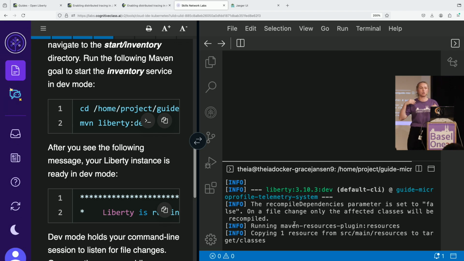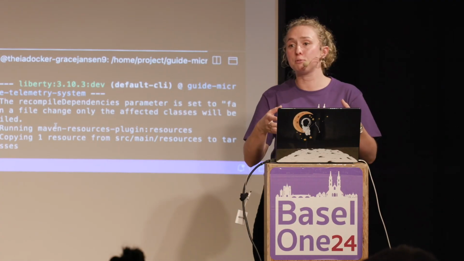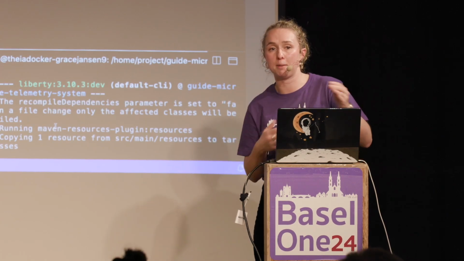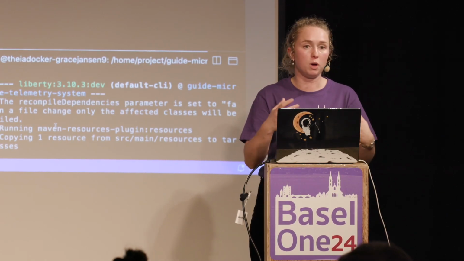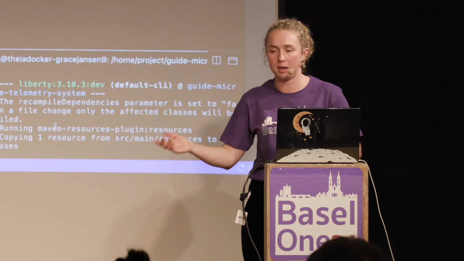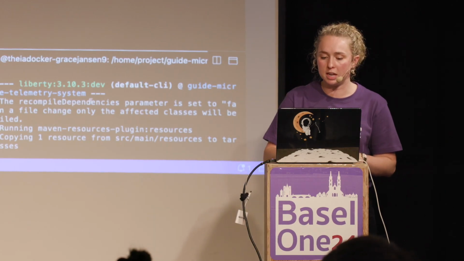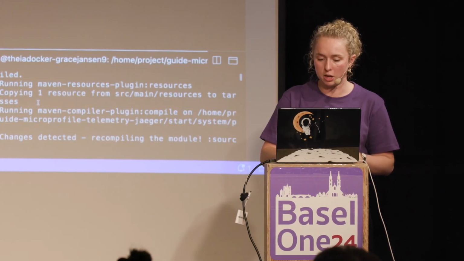So it means instead of having to run your microservice and then tear it down and restart it whenever you want to see a change, it automatically picks those up without you needing to do that. And it just recompiles the classes that have changed. So it means that in our labs, for example, we can be really dynamic and change lots of things all at once and not have to tear it all down and start it up again. So I've launched both of these in liberty dev mode so that we can do that.